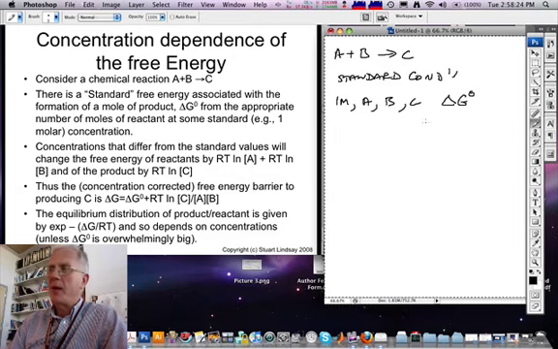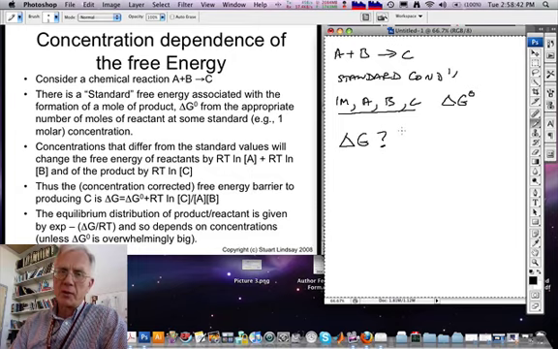Now, of course, chemical reactions can be carried out at any concentration. So the question is, what is the actual delta G for a reaction given that the concentrations are not 1 molar? We can work this out using the result we just obtained for the correction to the free energy owing to the concentrations of reactants and products deviating from 1 molar.